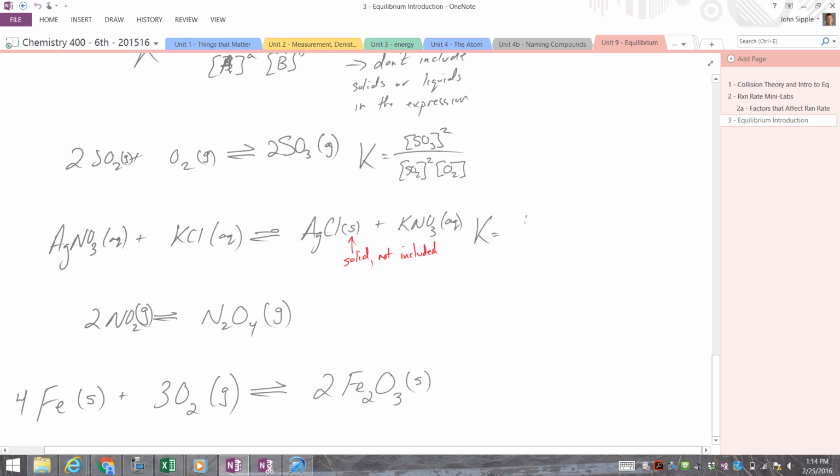Okay. Ag NO3 squared. Why do you want to square it? It doesn't matter. It's just a 1, right? The coefficients are just 1s. And then KCl, good. There we go.